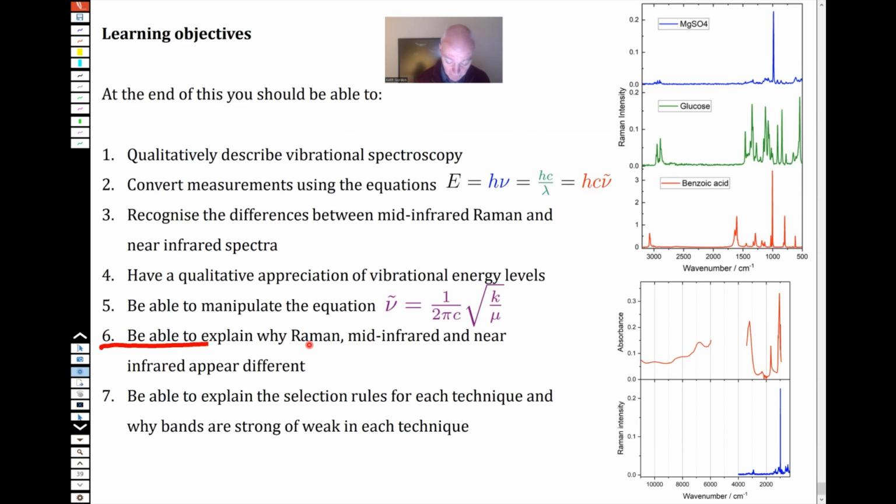Be able to explain why Raman, mid-infrared, and near-infrared appear different. We've already discussed that a wee bit. These are very narrow bands and they're different. They're the ones where, if we just think about it, this is d alpha by dq, related to part 7 as well. This is d mu by dq.